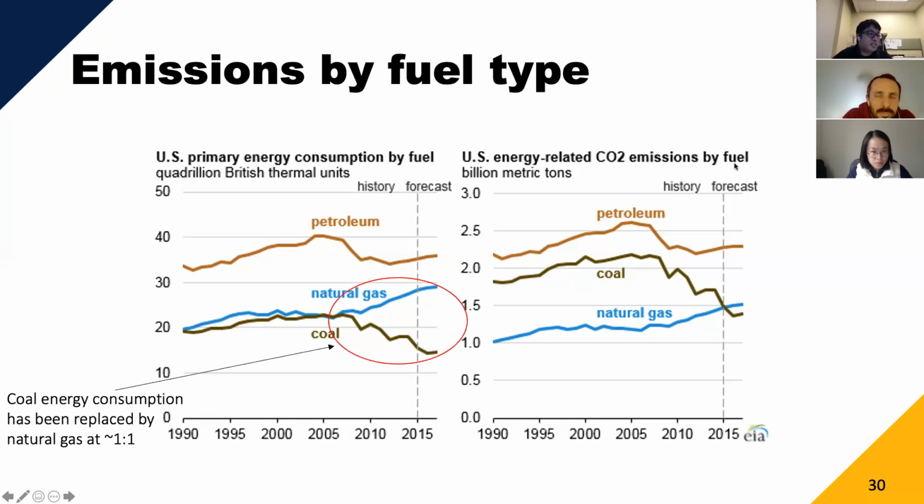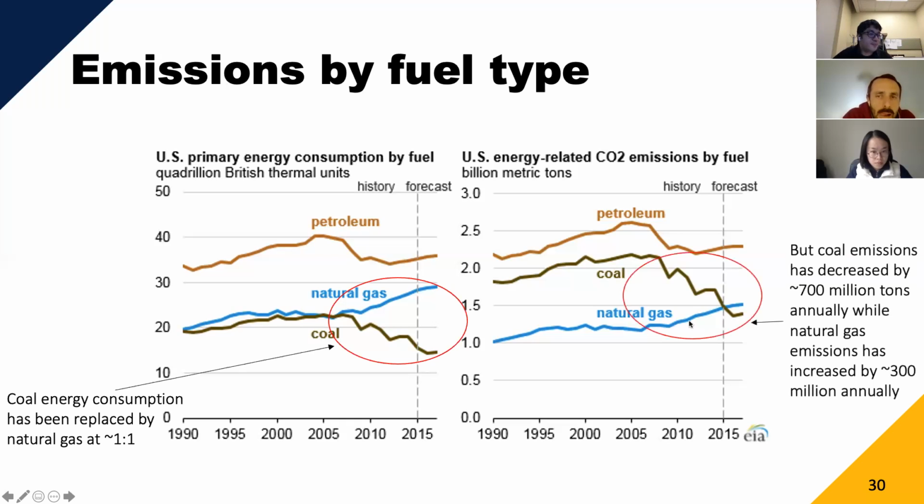And what this means in terms of emissions is that, as I was saying before, combustion of natural gas compared to coal has about half the level of emissions. So in a 1-to-1 replacement, coal emissions has decreased by about 700 million tons, so this slope falls about twice as fast, while natural gas emissions has increased by about 300 million tons annually.